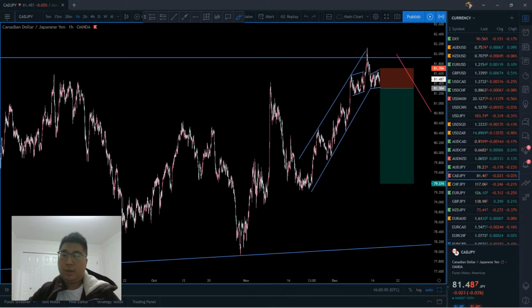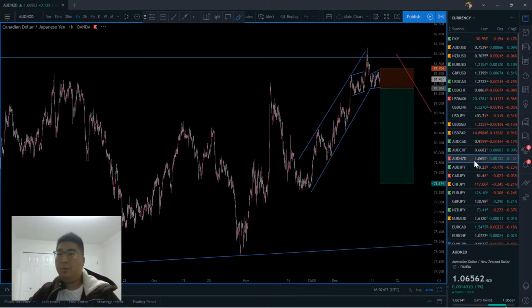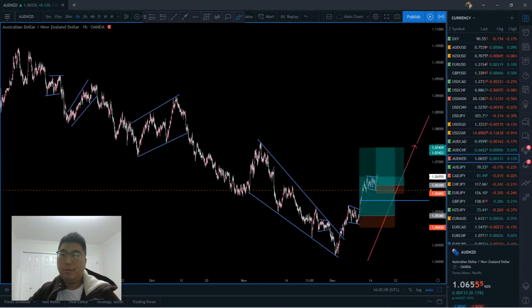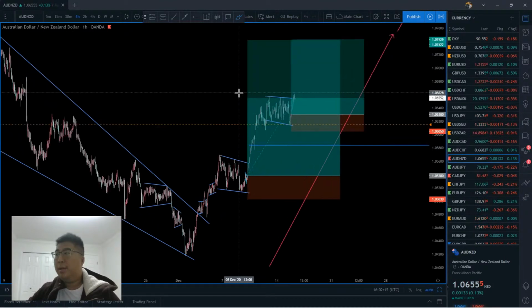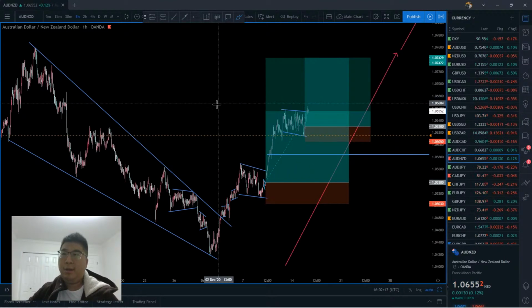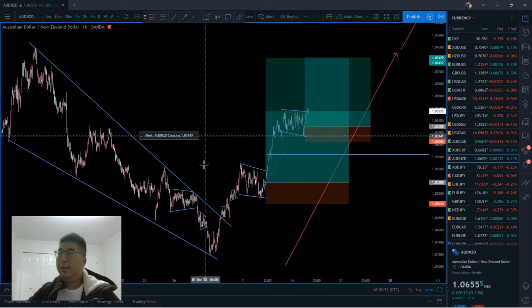Good question. When scaling in on Aussie Kiwi, could you also put your entry on top of the flag, or is it better to scale on the bottom of the flag? Both. There's no right and wrong in that sense. In my video on entries, I went over both plus another entry like that. So check out my video on entries. Let me actually find it for you.